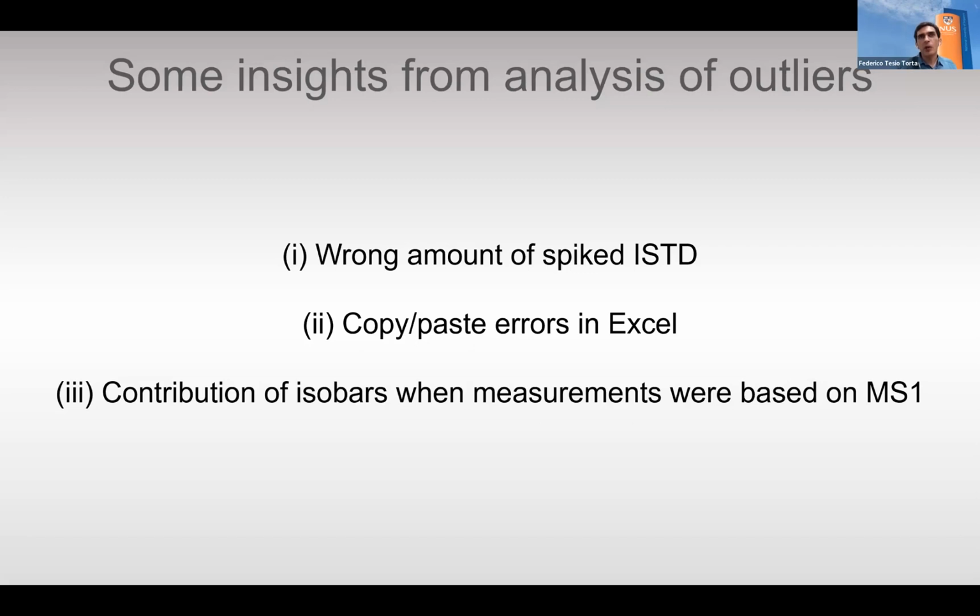Another, more recurrent error was due to copy-paste errors in Excel. Basically, columns were swapped, or the sequence of the samples in the calibration curve, for example, was shifted, and this of course affected all the final calculations. So this means that we have to reach a higher degree of automation, not only in sample prep and the analytical steps, but also in the data analysis as much as we can.